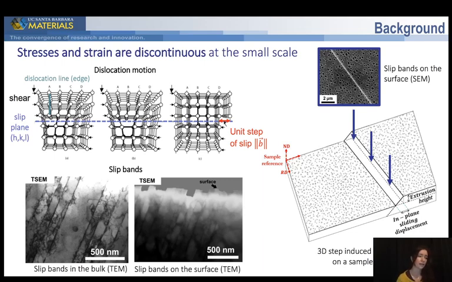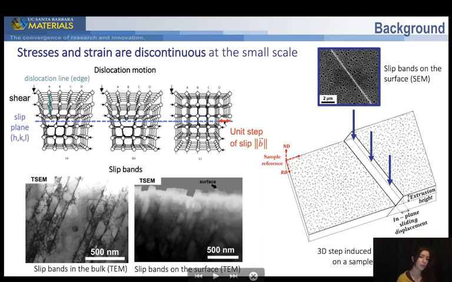Here's a schematic of how dislocations will slip in a given crystal. I am showing a dislocation line moving on its slip plane, which is usually a crystallographic plane. Here we're interested in FCC materials, and dislocations at this temperature will slip most likely on 111 planes.